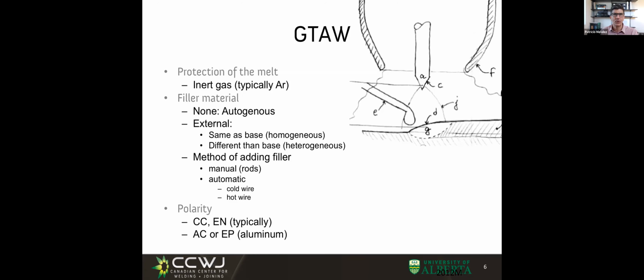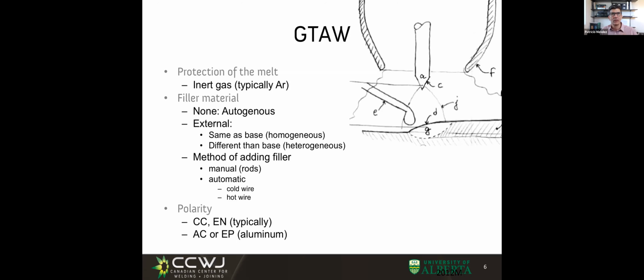It oxidizes very quickly, but this oxide is very protective. It's not like iron oxide that is not protective. So this layer of aluminum oxide prevents further corrosion. When we want to weld that, this layer of oxide is a problem, contaminating the weld and making the arc unstable.